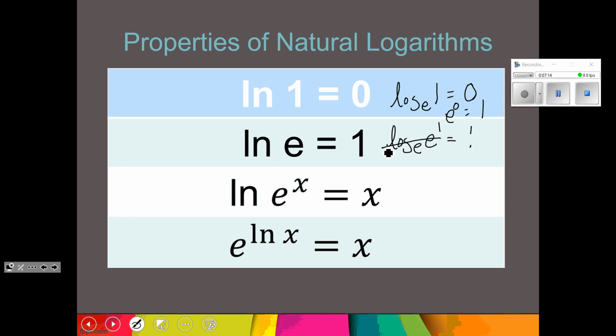So they will cancel, and it just equals 1. Same thing here. The log base e of e to the x, those will cancel, and it just gives you x. And here, e to the log base e of x, those will cancel, and it just gives you x.